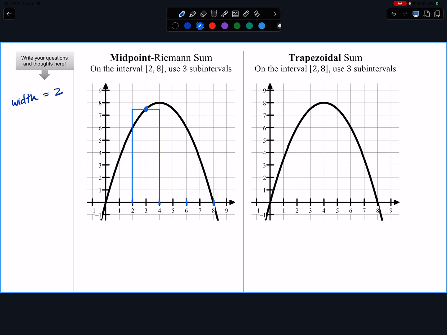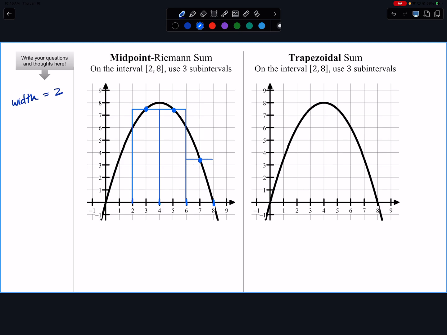Okay, is everyone okay with that idea? The next interval is from 4 to 6. Which one is the middle number? 5. So at 5, draw a point on the curve. And from 6 to 8, our midpoint is going to be 7.